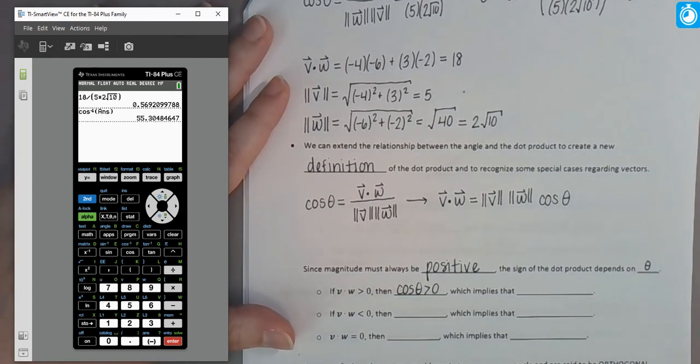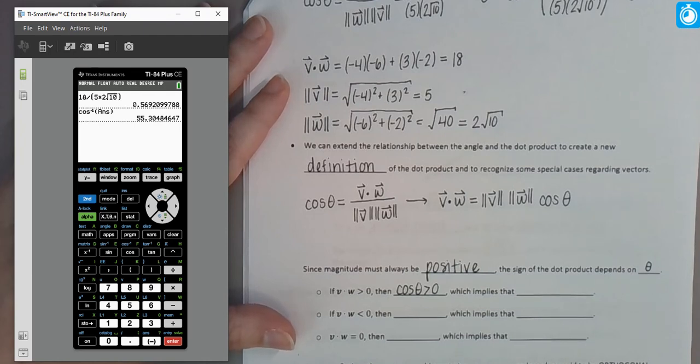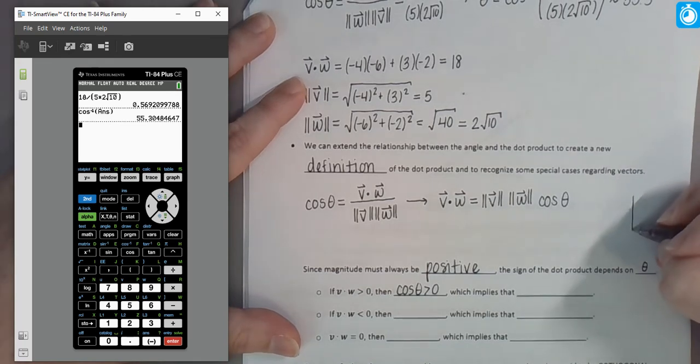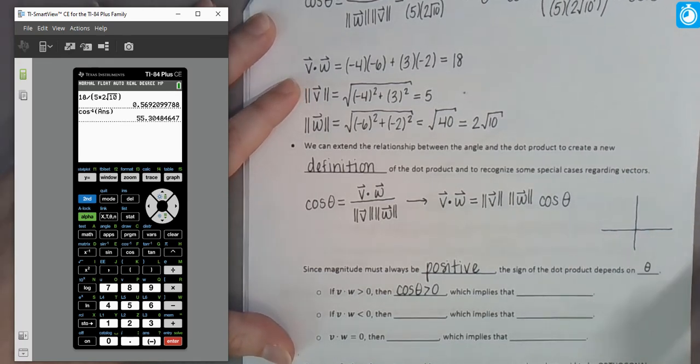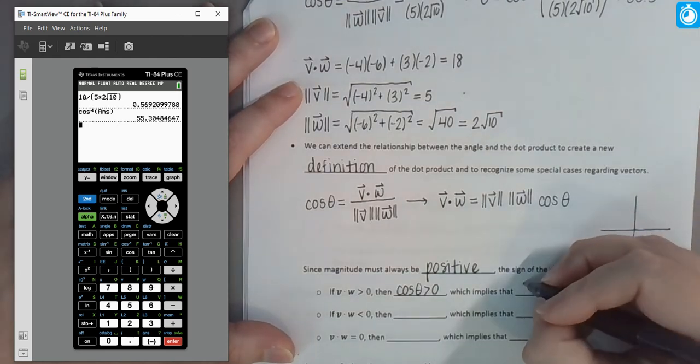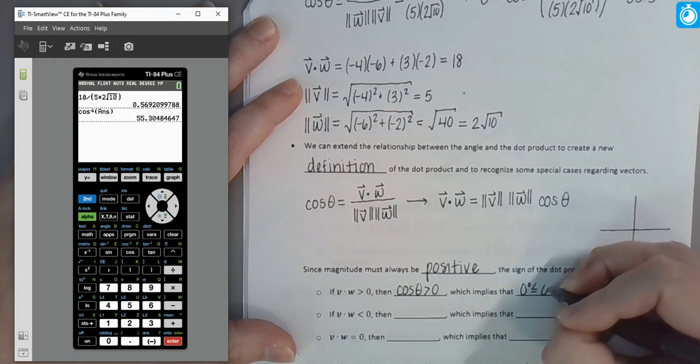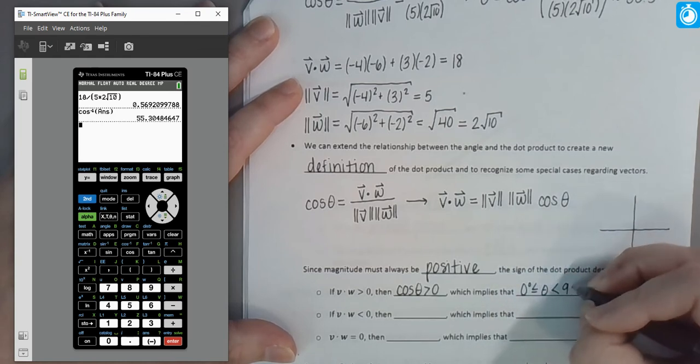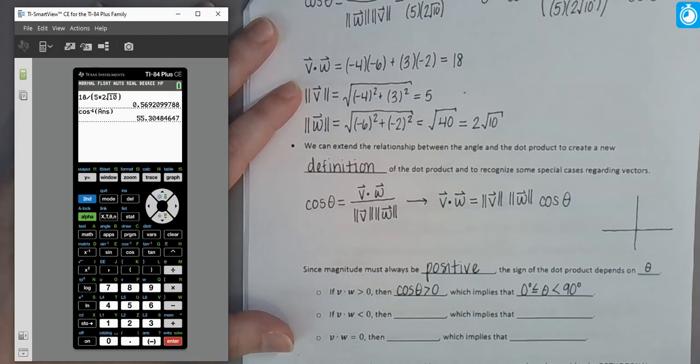Well, what does that mean for the actual angle theta? How would we get a positive cosine? That means, if we're talking about our quadrants, we're talking about the angle between two vectors, that means we had to get an angle that was from 0 to 90 degrees. All of the angles from 0 to 90, not including 90, are going to have a positive cosine. So that means 0 degrees is less than or equal to our angle, and our angle is less than 90 degrees. So it's somewhere within the first quadrant.